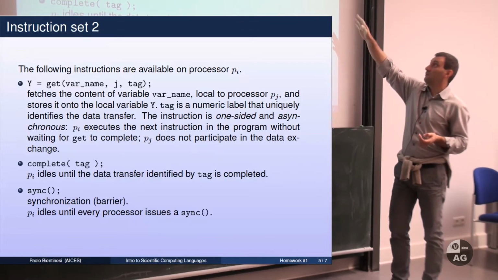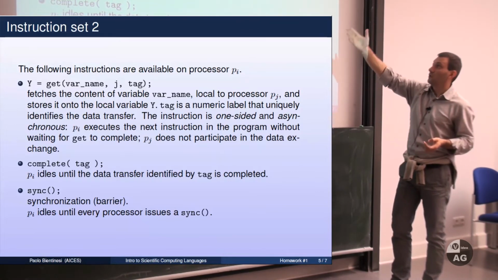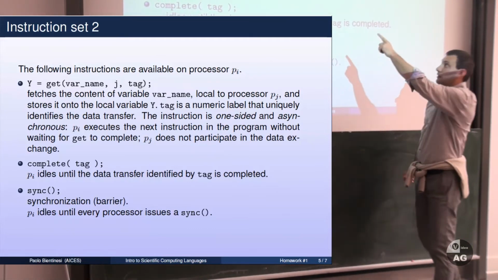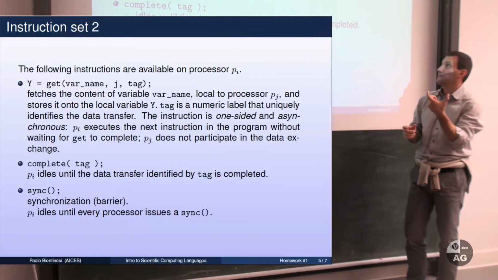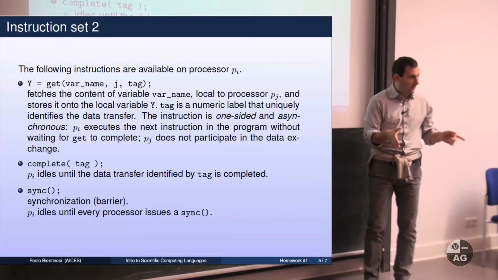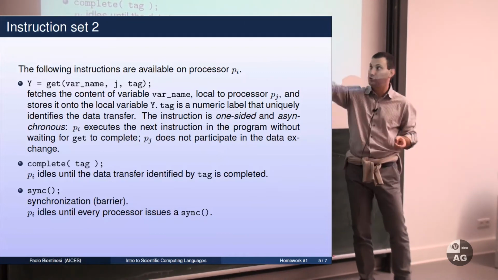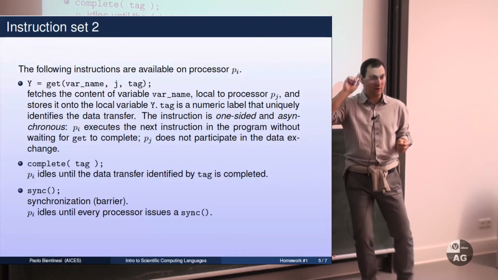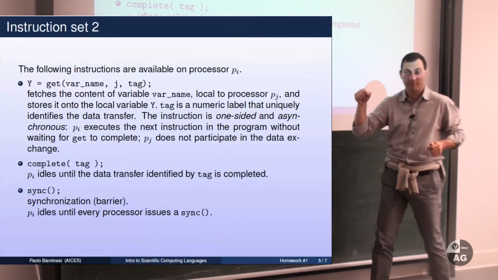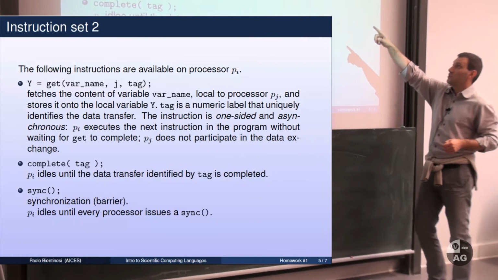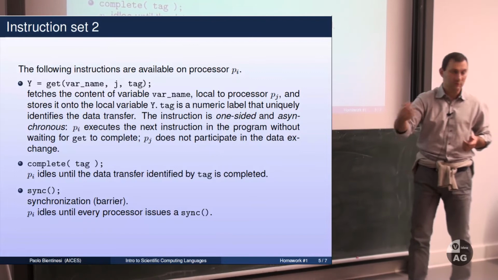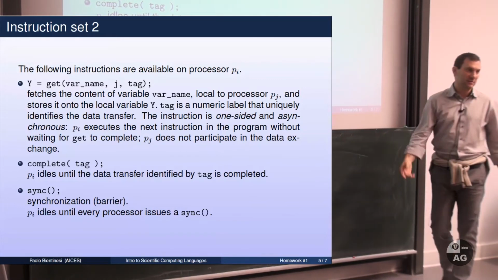Again, this is available on processor I. So get, what does get do? It takes a variable name of a variable that is not local to I, is actually a variable that is local to J. Okay, it's going to go into J's memory and fetch some data from there. J is the processor from which to steal the data, to get the data, and tag is the same as before.